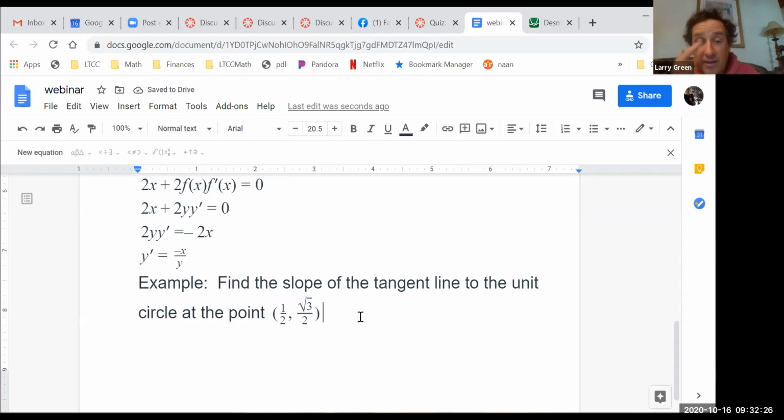And that should be easy now. So what's the slope of the tangent line to the unit circle at the point 1/2, square root of 3 over 2?